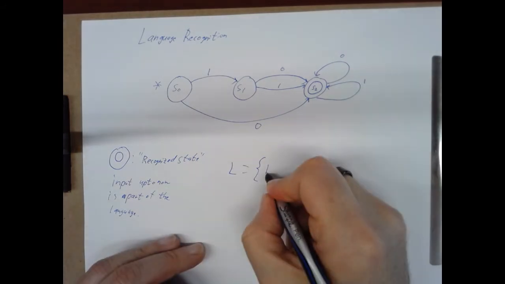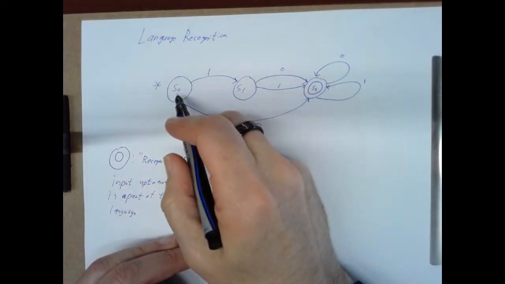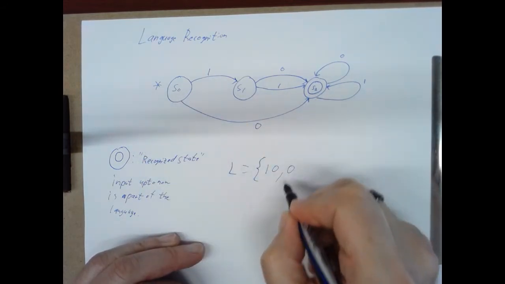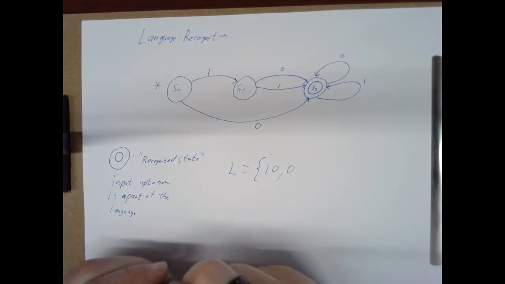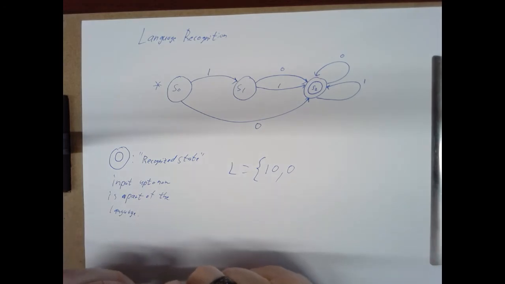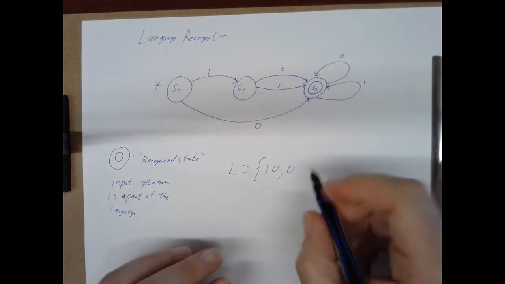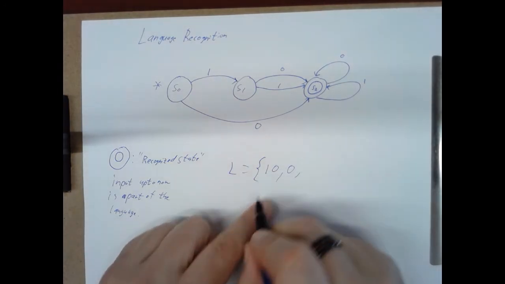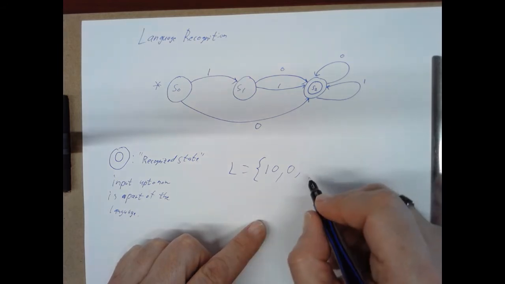Okay, so a 1, 0 will take you to S2 because a 1 will take you here, a 0 will take you there. A 0 will take you directly to S2, so that's a part of the language also. What else? We did 1, 0. Oh, sorry, 1, 1.